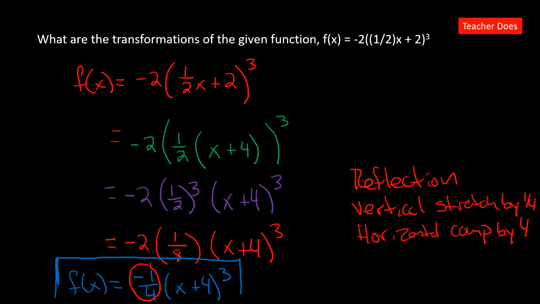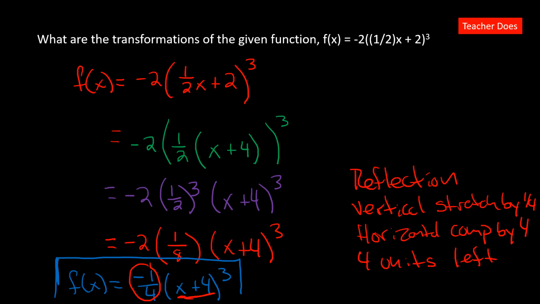One or the other. I know the tests usually do that. And then what happens on the inside, this x plus 4, we would go 4 units left. Because if we set x plus 4 equal to 0, we get that x equals -4. And so we want to go 4 units left.